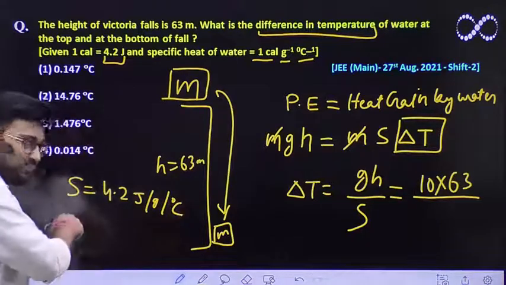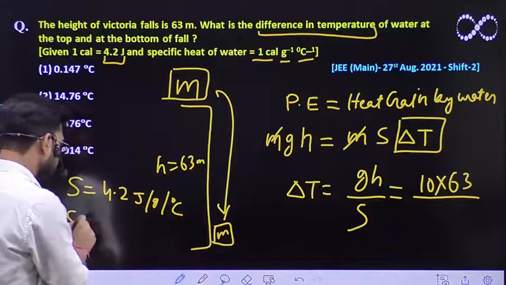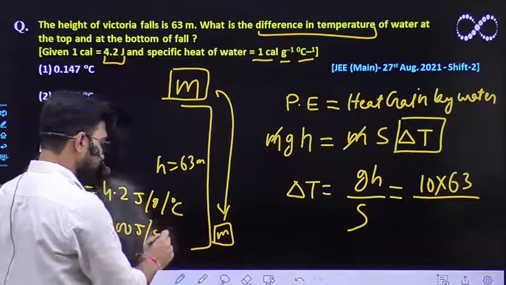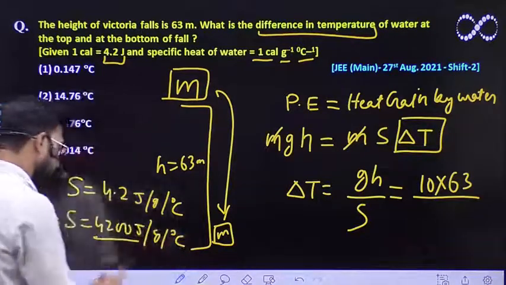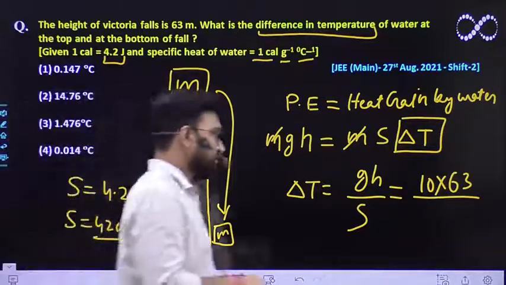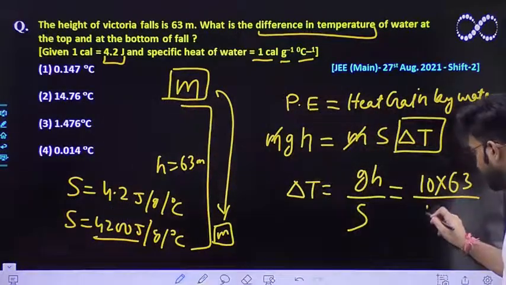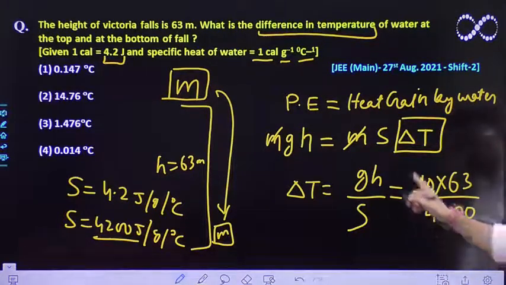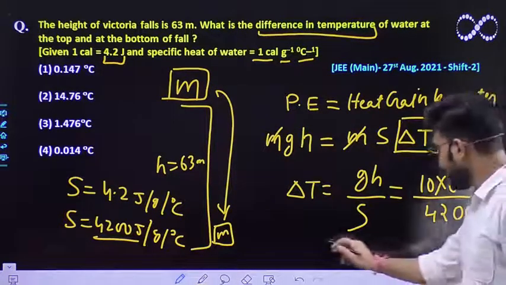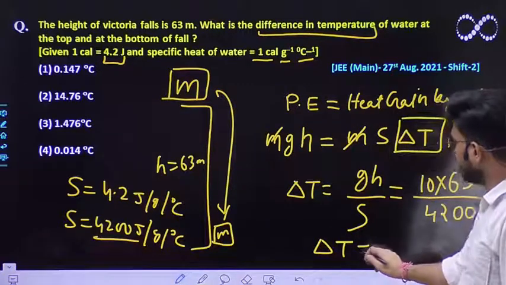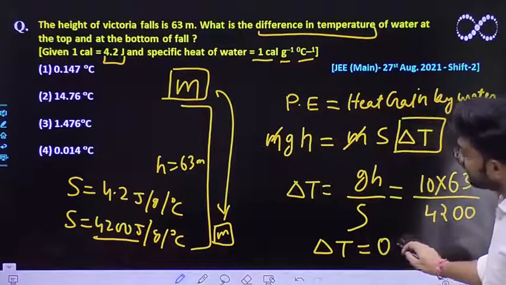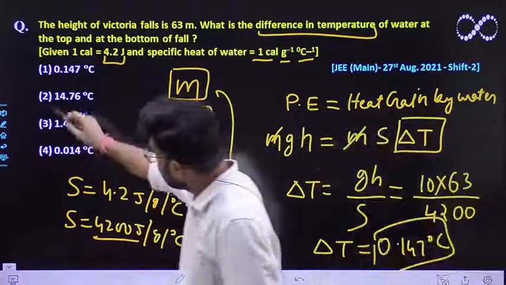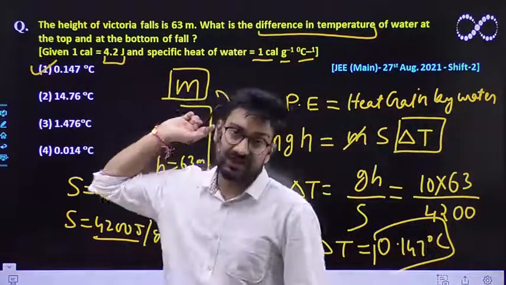In the form of kg it can be easily written as 4200 joule per kg per degree centigrade. So this is the value of specific heat that we'll be using. So we'll write it as 4200. We'll solve this expression, and delta T comes out to be 0.147. That means after solving this, you'll be getting the first option, which is the correct option.